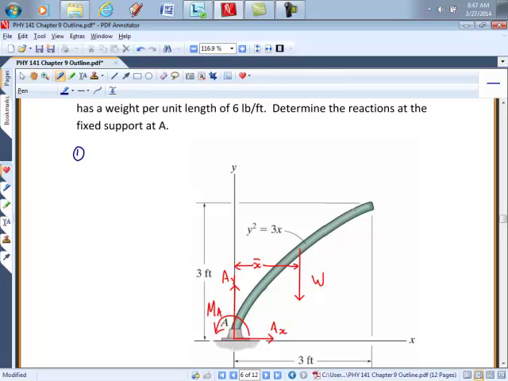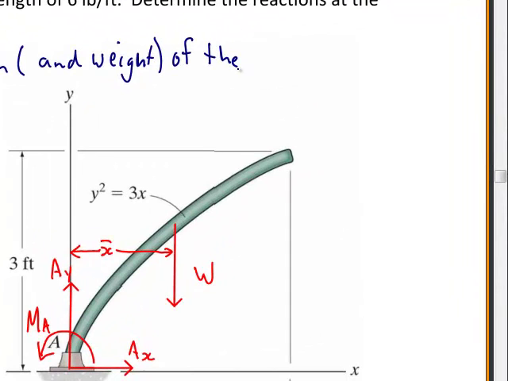So the first thing we'd want to do is find the length of the rod.